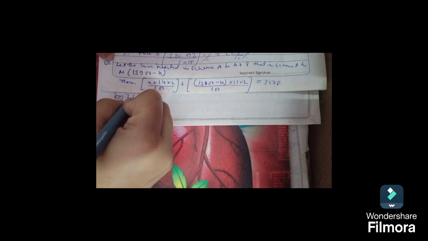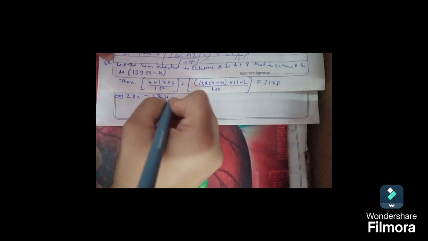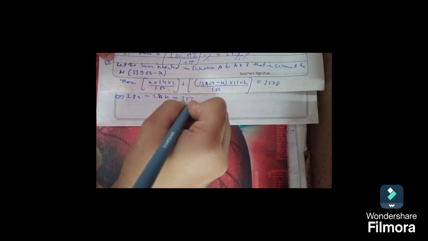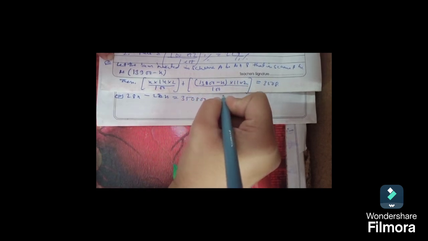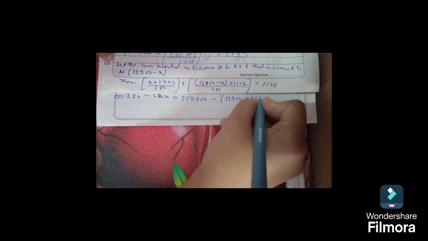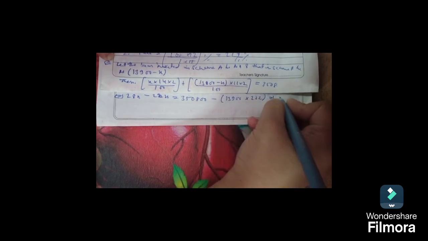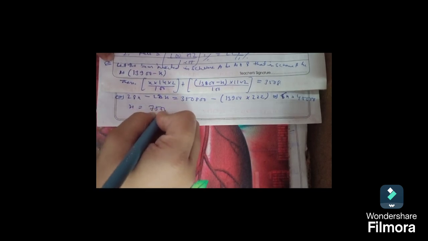Let's simplify: 28X minus 22X equals 350800 minus 13,900 into 22. Then 6X equals 45,000 and X equals 7,500.